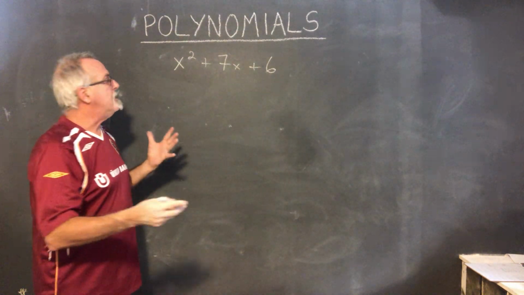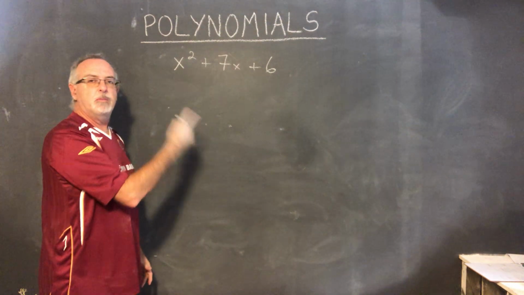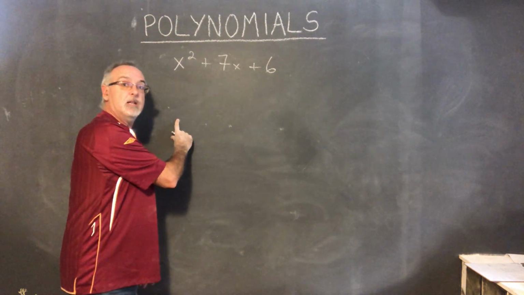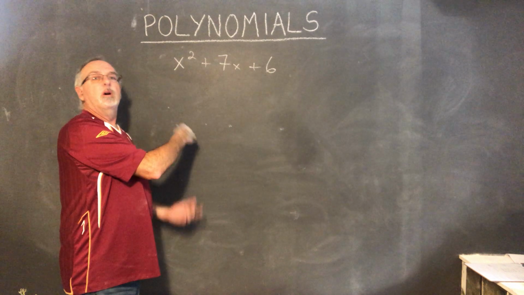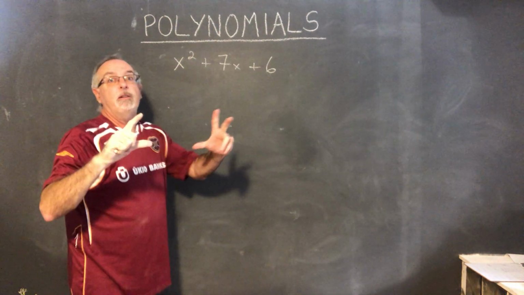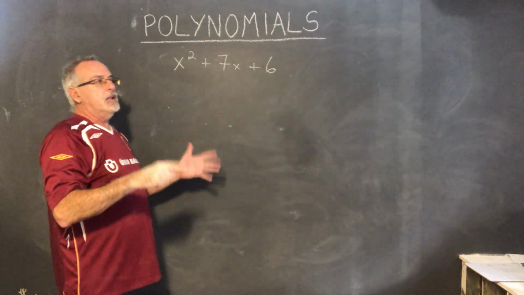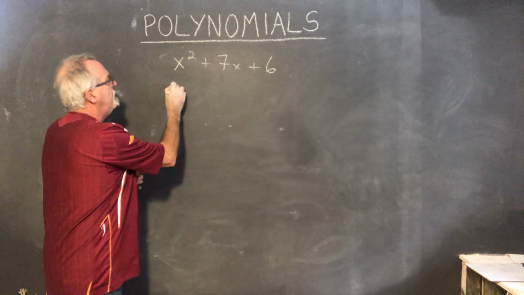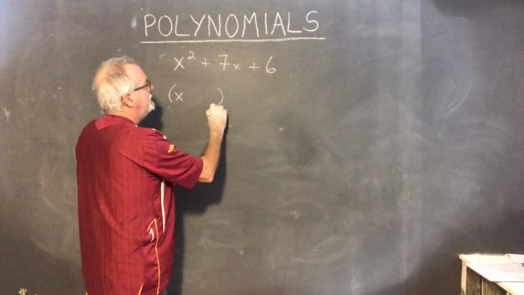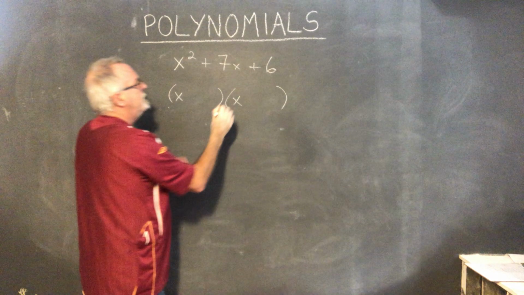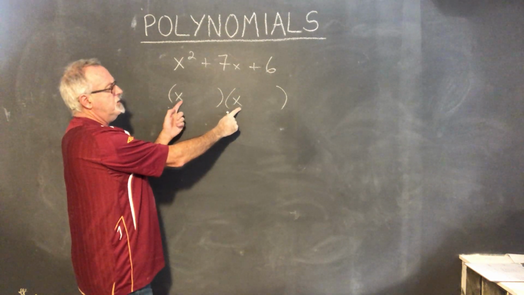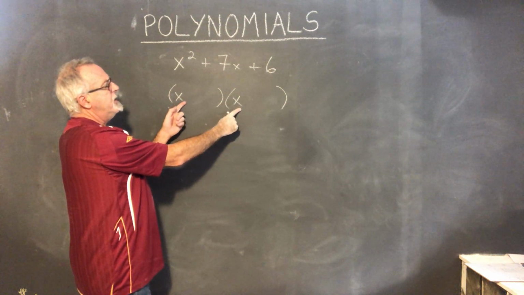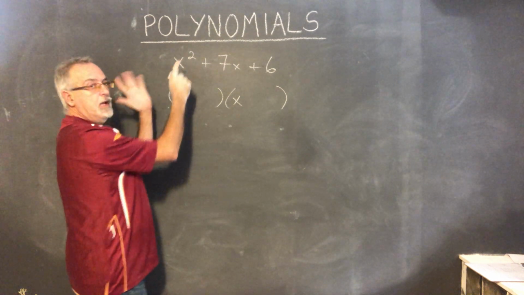One of the keys is realizing, remember all of those examples we did where our first term was x in both binomials, and we always ended up doing x times x when we did the F part of FOIL, the first. x times x gives x squared. So I could multiply two binomials that look like this, and when I do the F part of the FOIL, I would get x squared.